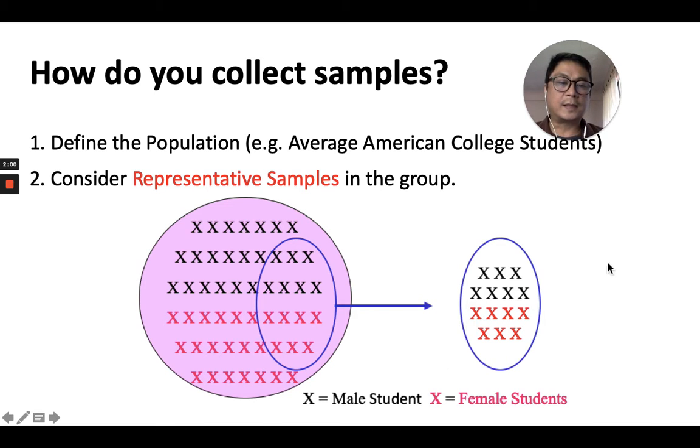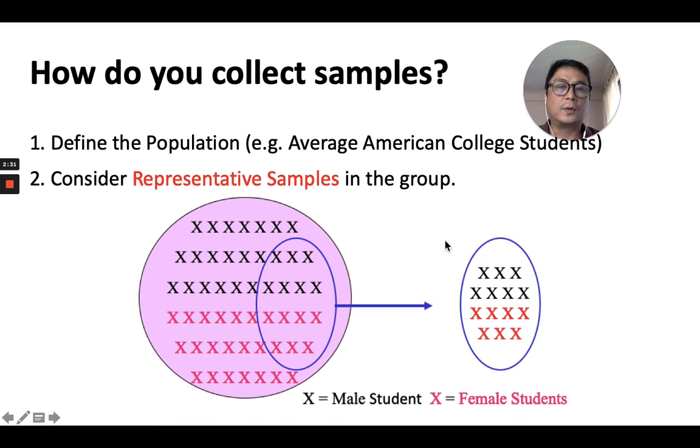Okay? So in our sample, we have both males and females because we want the idea of representativeness, or the idea that samples represent the population. We expect or we hope that the findings we get from this sample can be used to help us better understand this population.